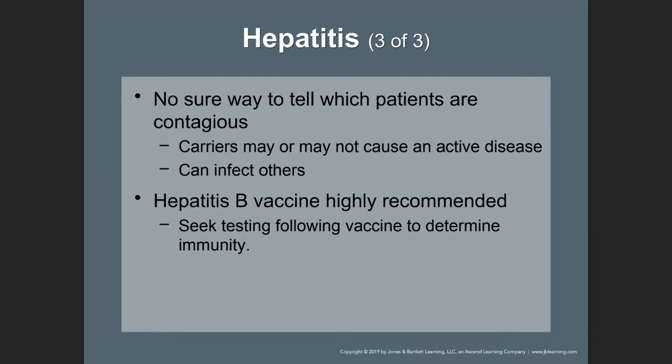Carriers may or may not cause an active disease, and they can infect others. Hepatitis B vaccine is highly recommended. Seeking testing following vaccine to determine immunity is important, and most services in the States and certain organizations in Jamaica will provide the hepatitis A and B vaccine to their employees.